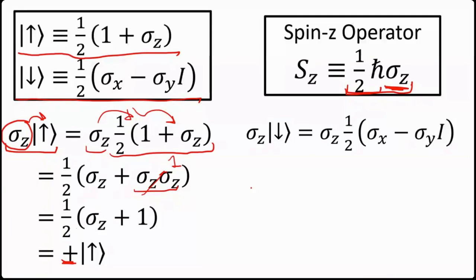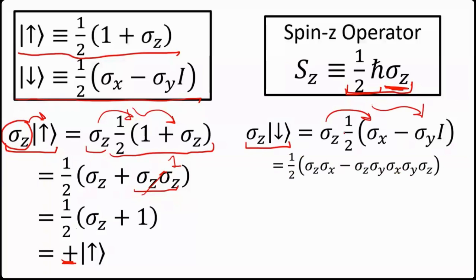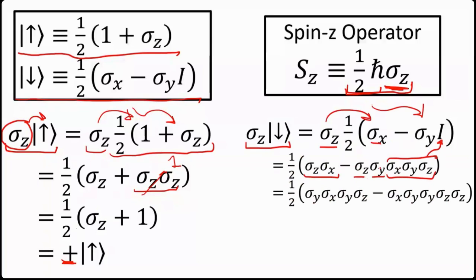On the other hand, if we act on the down state, we can distribute that in. So this is zx, and this is zy, and then I've written out the full trivector here for the i. I've done a bunch of rearranging. I've brought the z's together and the y's together, and I think it's an even number of swaps. So 1, 2, 3, 4.